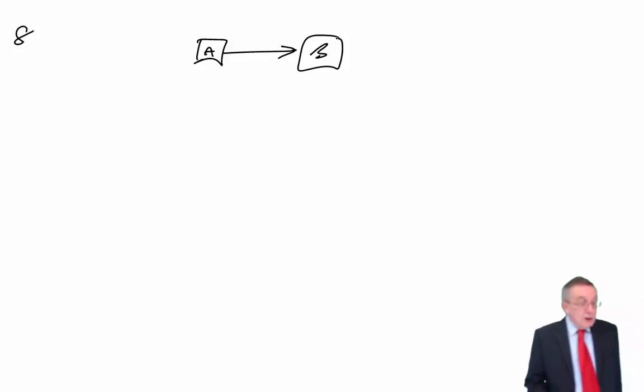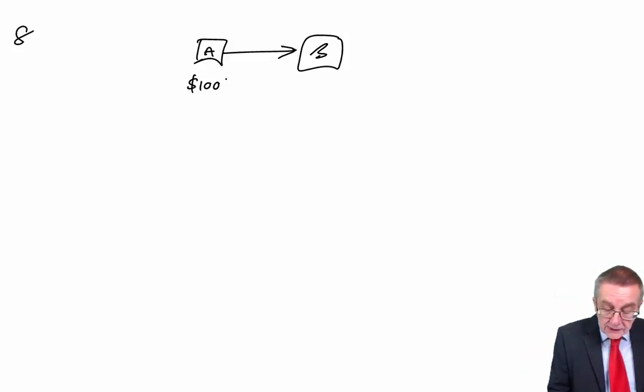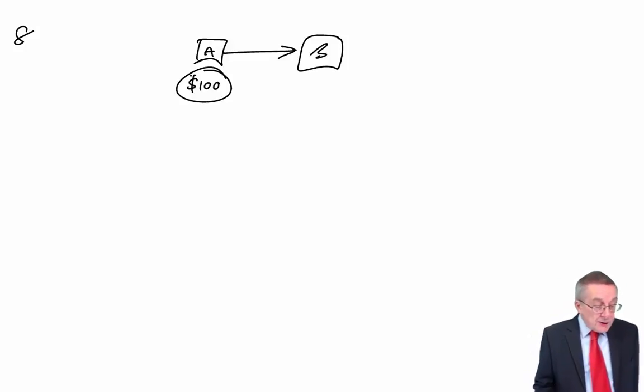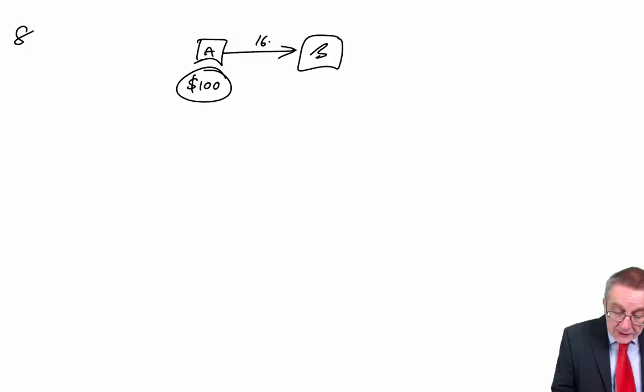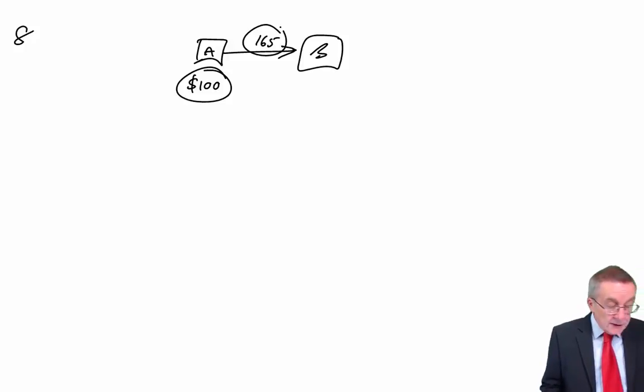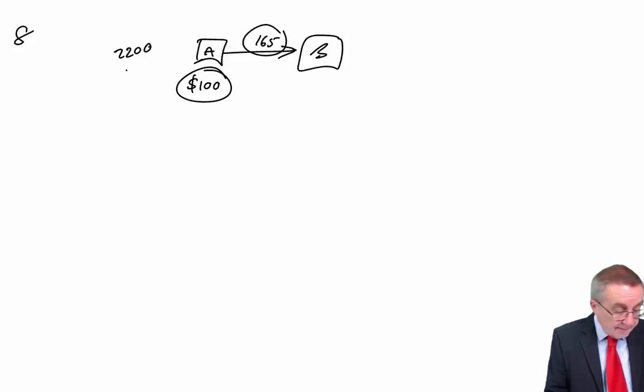The marginal cost per unit is $100, so it's costing A $100 to make each unit. The transfer price, well, they're selling them to B at $165, fine. Total production and sales, 2,200 a year.